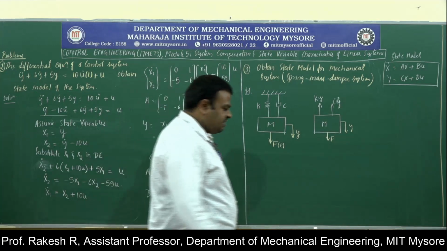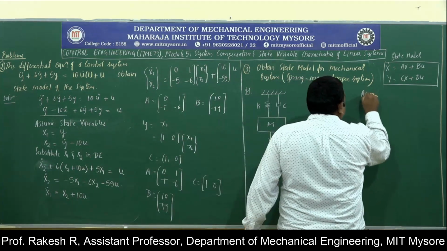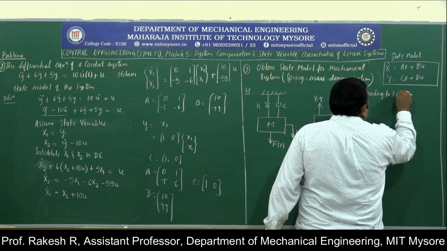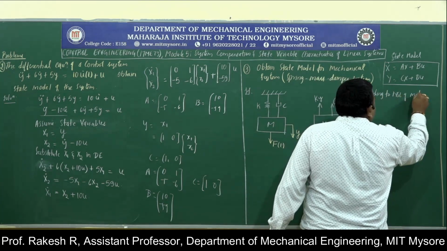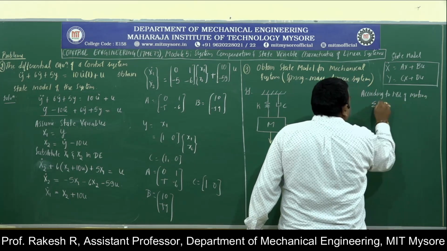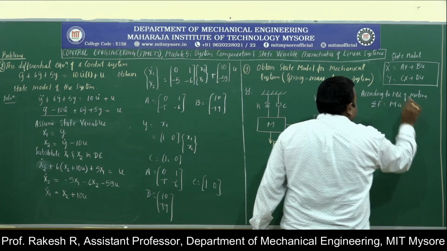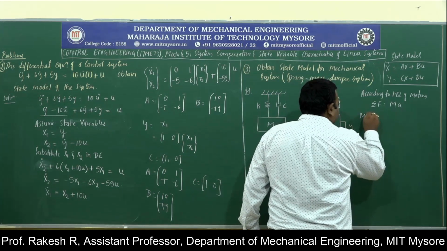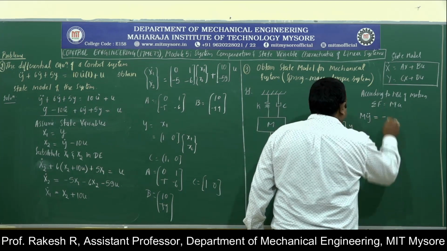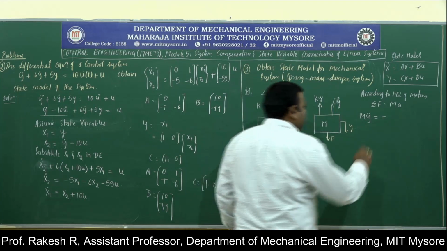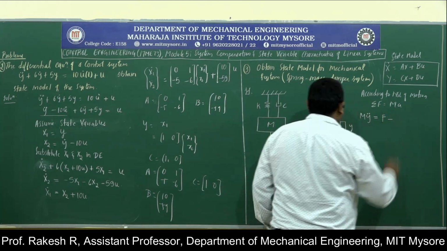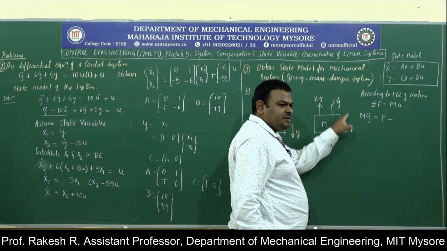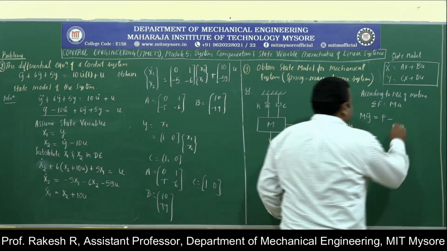So according to Newton's second law of motion, summation of force will be equal to mass into acceleration. Here M Y double dot will be equal to plus F minus C Y dot minus K Y. F plus means it is acting towards the displacement.